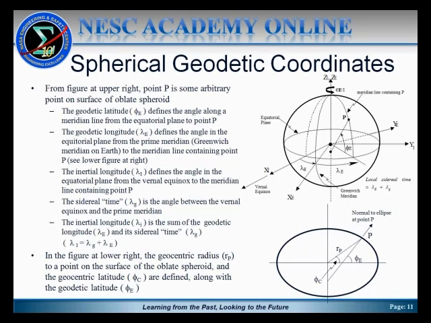And in the figure on the right, which is a cut through the meridian plane containing point P, it's kind of a side view, if you will, of the figure at the top, you can see the geometry a little more clearly. That's sliced through the oblate spheroid containing point P in the center of the Earth, or the center of the oblate spheroid.